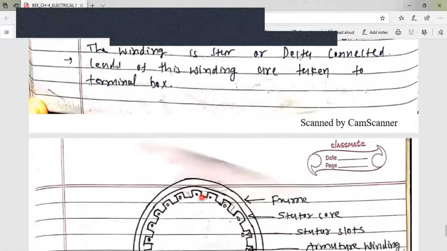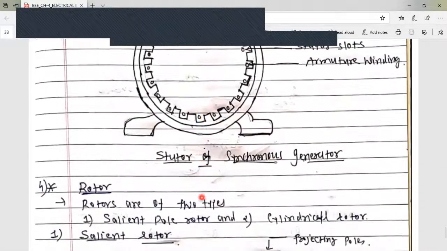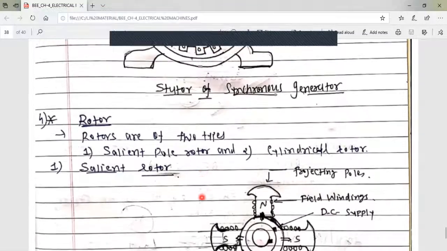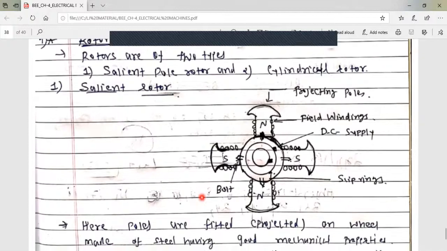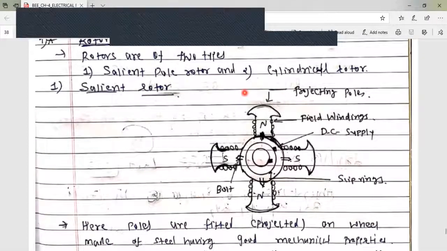Here, the first type of rotor is the salient pole type rotor. So this is the construction of it. See here, this is the pole, and this is the field winding. The field winding is connected on the rotor.